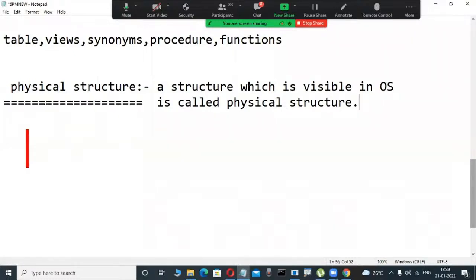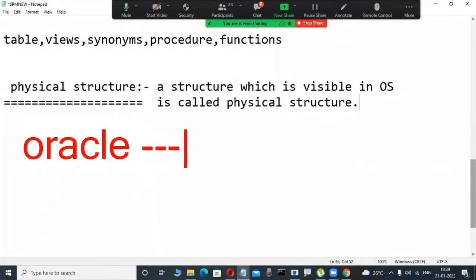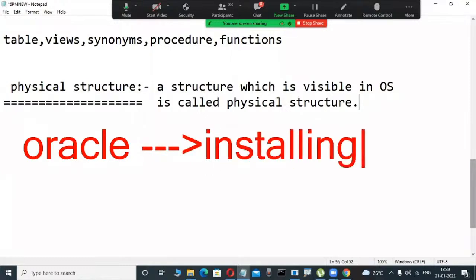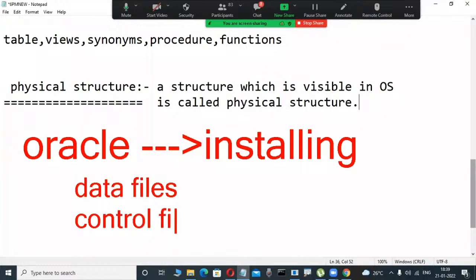Same like that, Oracle is a relational database software, and so are MySQL and SQL Server. Whenever I'm installing Oracle, automatically some physical files are created. Data files, which are .dbf files, control files, and redo log files are created.